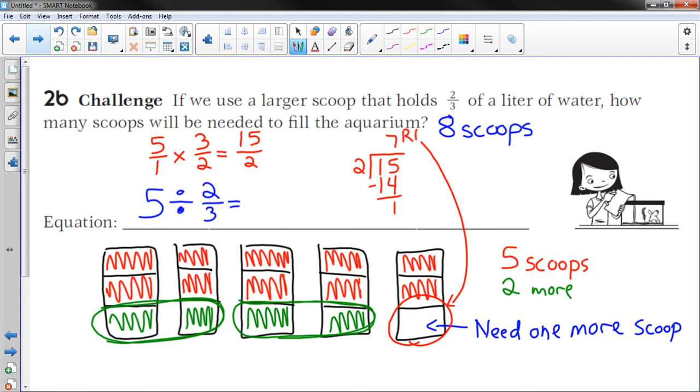So what I'm thinking is that this is 7 and 1/2. That's my guess. But you need 8 scoops because you haven't filled it all the way yet. I hope that makes sense.